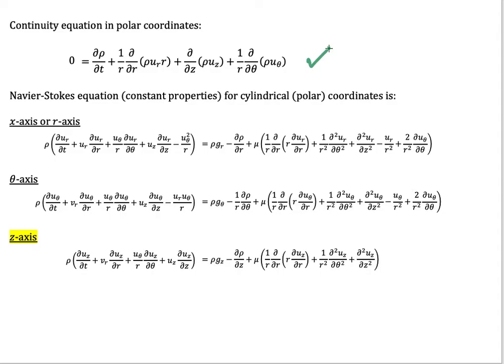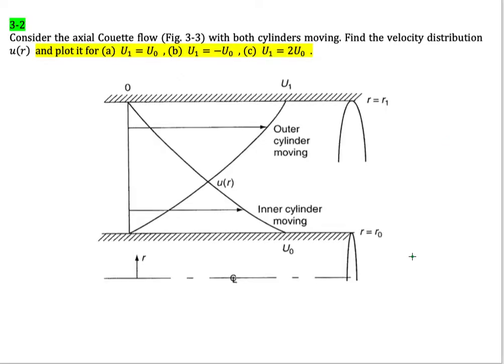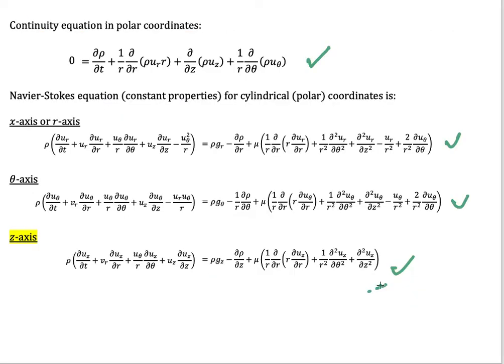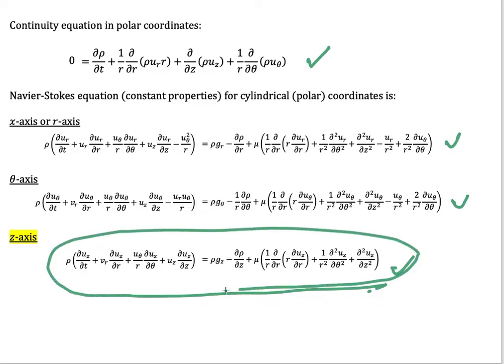It's different from one axis to another axis, so please be careful when you want to use this one. Because the movement of our object here is according to the z axis, maybe we need to focus on the Navier Stokes equation of the z axis.